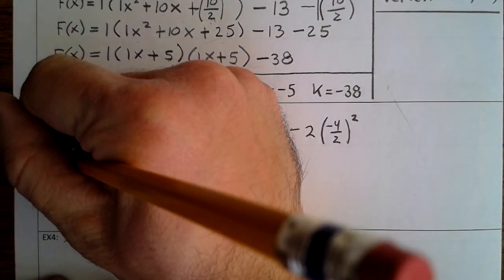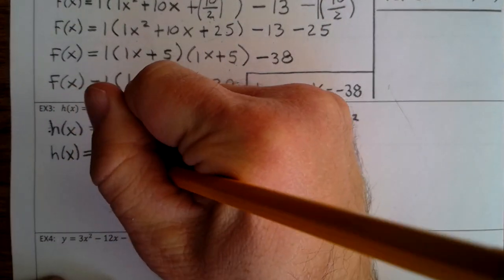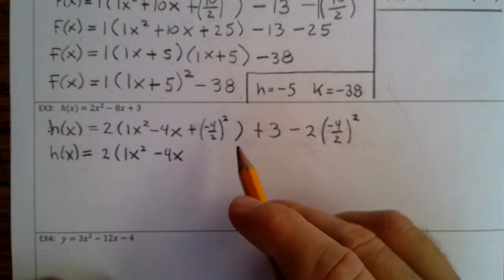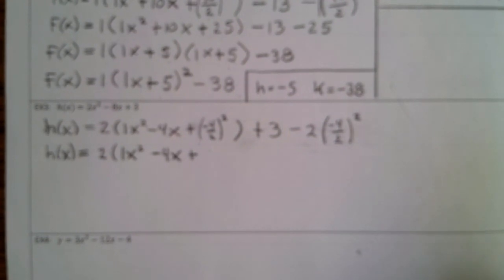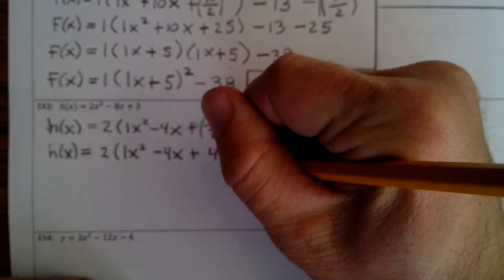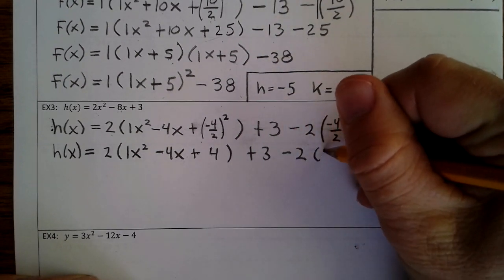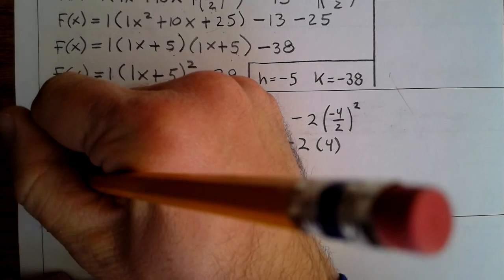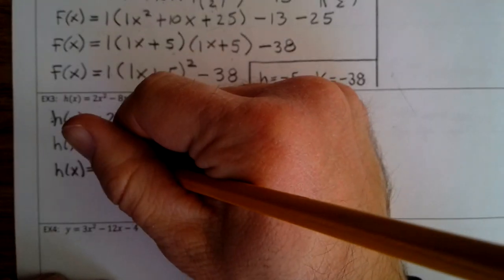So then this is h of x equals 2, parentheses 1x squared minus 4x, and then plus negative 4 divided by 2 is negative 2. Negative 2 squared is plus 4. So plus 3 minus 2 times 4. So then you have h of x equals 2, parentheses 1x.